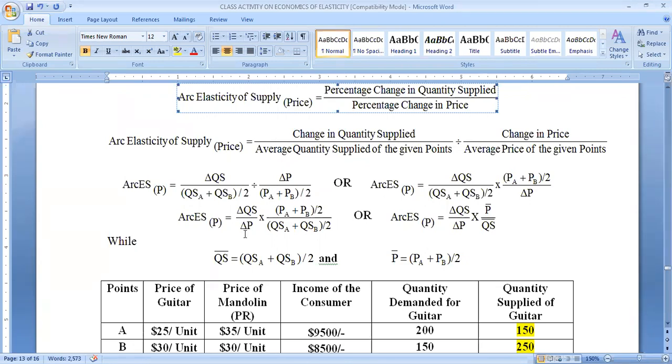So delta QS divided by delta P multiplied by average price of 2 points divided by average quantity supplied of 2 points. Or it can further be written as delta QS over delta P multiplied by P bar over QS bar, whereas QS bar is the average quantity supplied of 2 points, while P bar is the average price of 2 points.